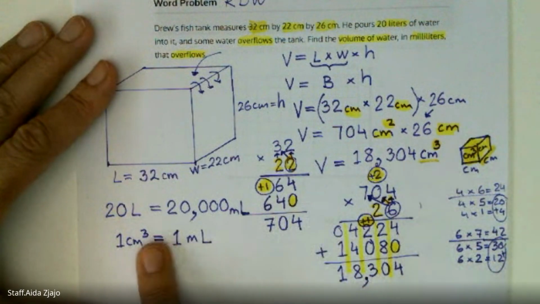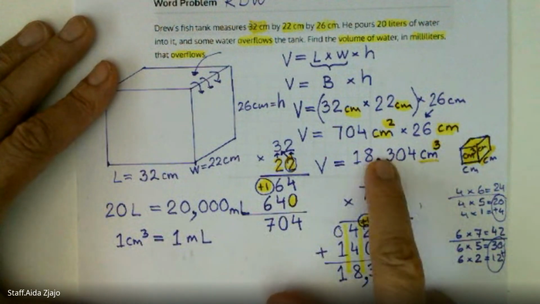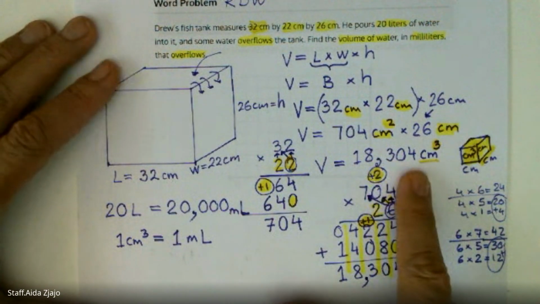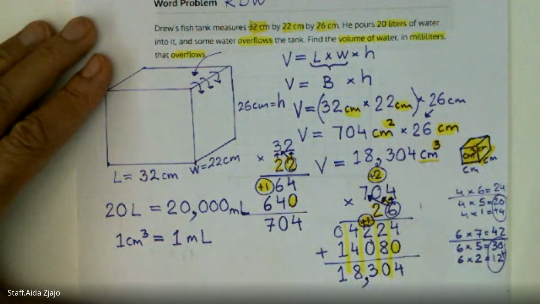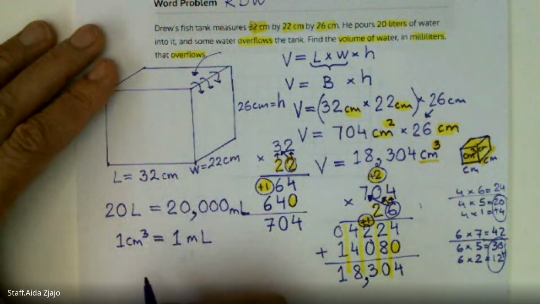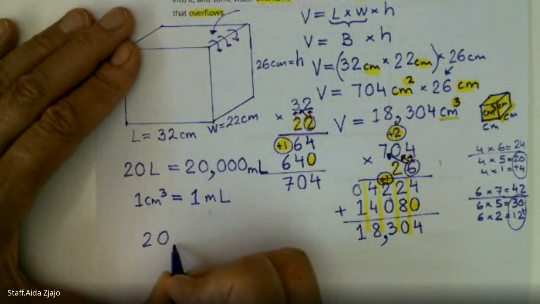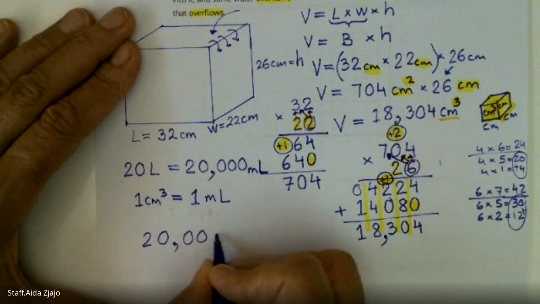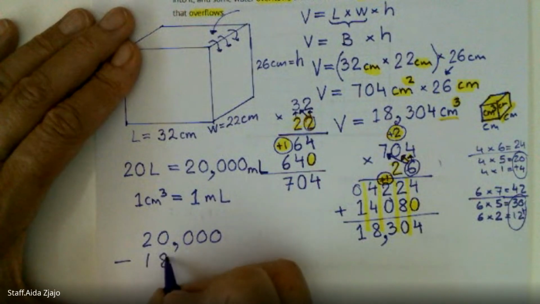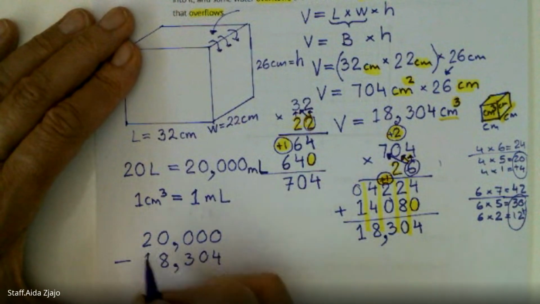So if you think about cubic centimeters, you can also say the tank can fit 18,304 milliliters of water. So now we know that he poured 20,000, but it only can fit 18,304 milliliters.